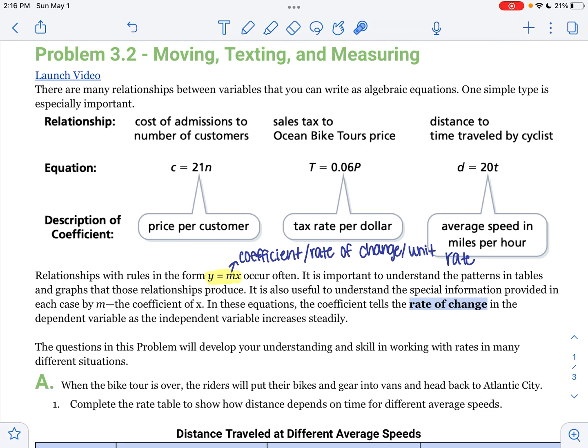If we think back to the problem with Rocky and Adrian with the bikes, Adrian's bike was $30 every single time. When we looked at that graph, it formed a straight line because it was increasing by the same amount every single time. So when we have an equation that's written in this same setup, it's going to form a linear relationship.